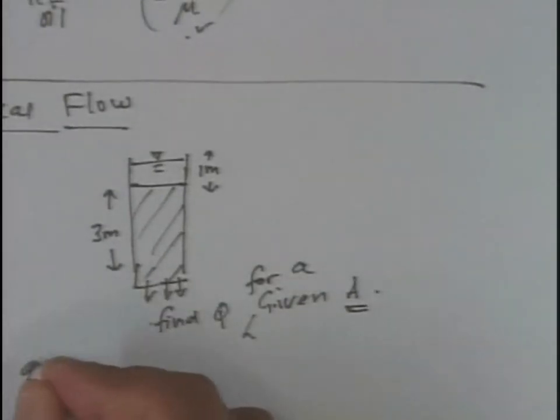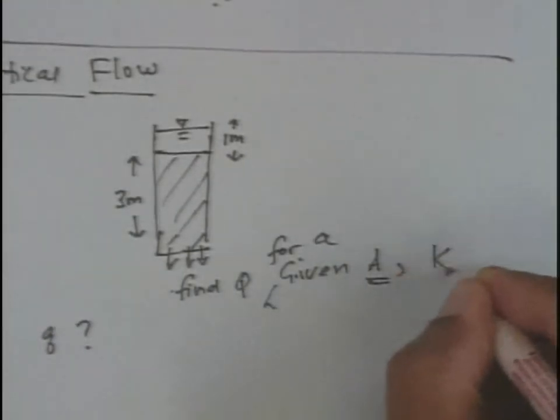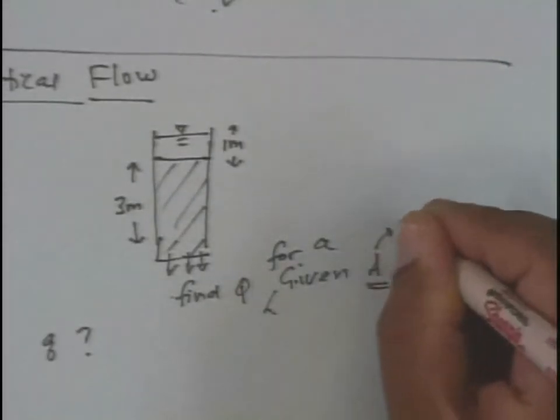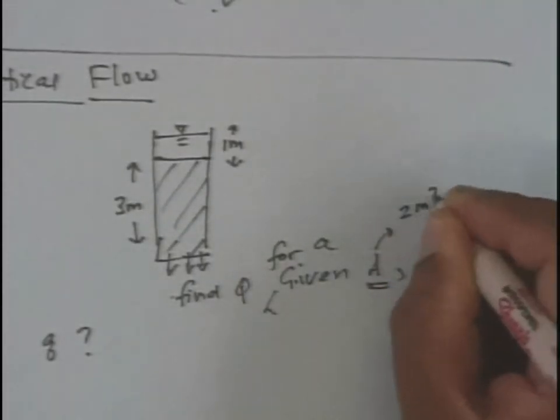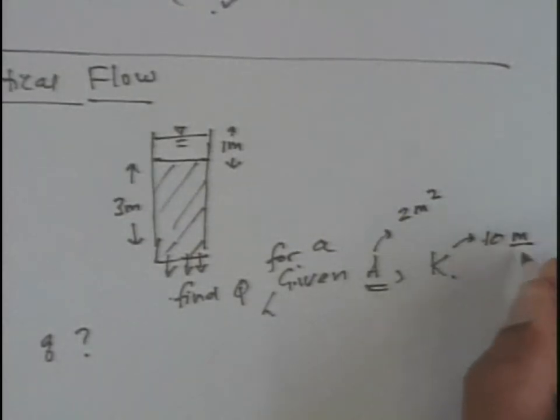The first thing is always to find little q. How do I find little q in this system? Oh, area and conductivity, of course. So let's pick some numbers. Say area equal to 2 meters squared, K equal to 10 meters per day. Can you find little q for me?